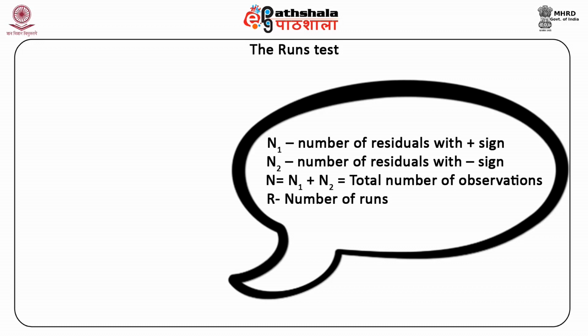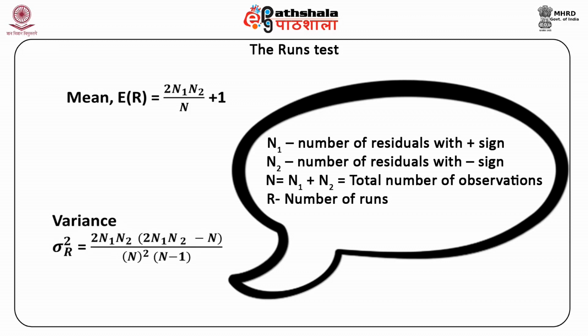Let N be equal to N1 plus N2, which means the total number of observations, and R the number of runs. Now R is asymptotically normally distributed with the following parameters. The mean of R, denoted as the expected value of R, is equal to 2 N1 N2 upon N, plus 1.